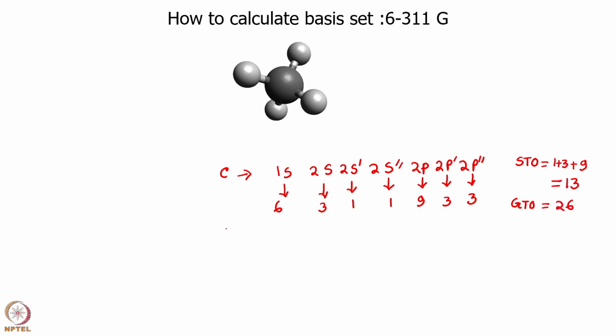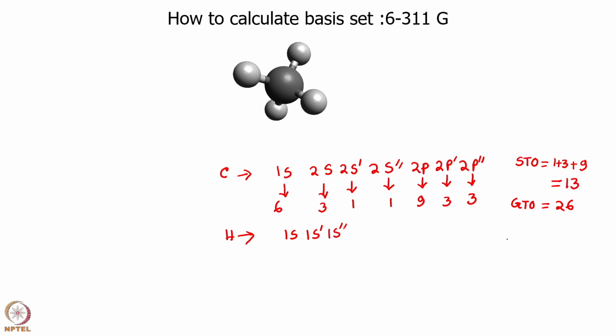Now, about hydrogen. Remember, for hydrogen the 1s orbital is valence. So, it will be 1s, 1s dash and 1s double dash.